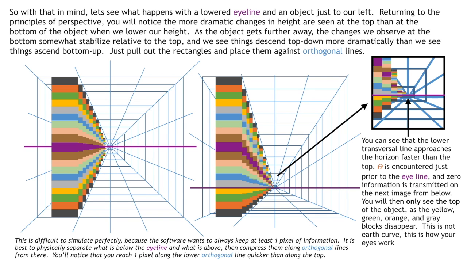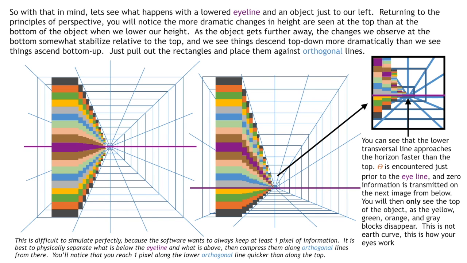So if I zoom in on these multicolored buildings, we'll say, and pull out what is zoomed in on, you can see that the lower aspect of these transversal rectangles, which was compressed differentially to the top, approaches the purple horizon line faster than the top does.